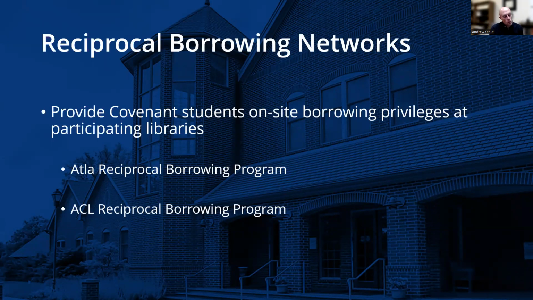Another way that you can get a hold of physical books is through one of our reciprocal borrowing networks. These reciprocal borrowing networks provide Covenant students on-site borrowing privileges at participating libraries. We're involved in 2 reciprocal borrowing programs, the ATLA Reciprocal Borrowing Program and the ACL, or the Association for Christian Librarians Reciprocal Borrowing Program.